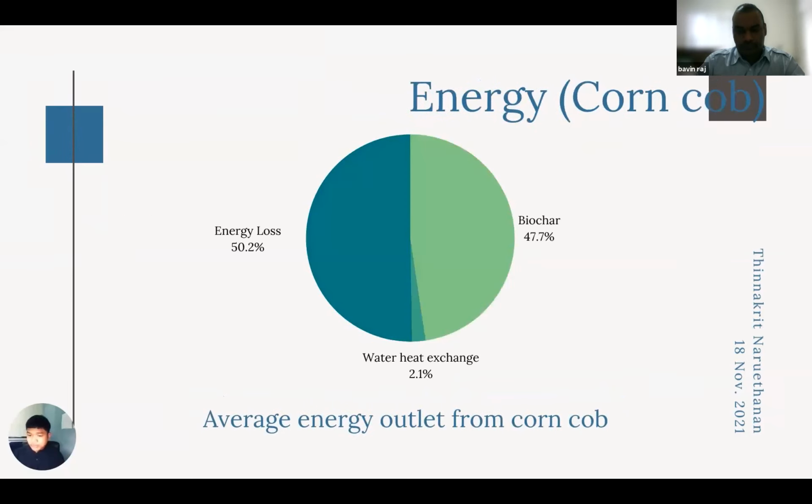Average energy will also be divided like with average inlet energy. Biochar, water, heat exchange, energy loss. First, corncob, 47.7%, 2.1%, and 50.2% respectively.